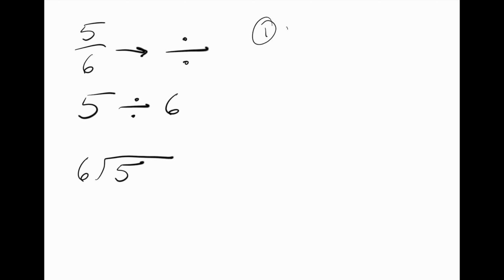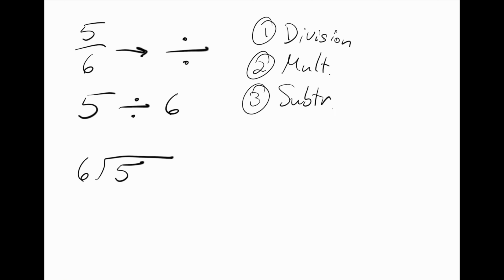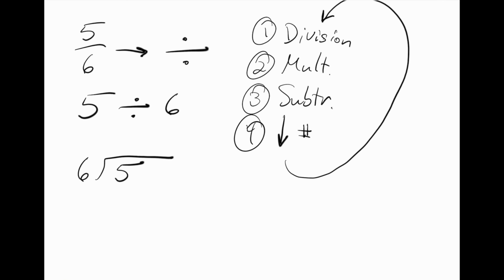Step 1, do the basic first division. Then we multiply. Our third step is to subtract. Our fourth step is to bring the next number down. And then the fifth step is, there's no exact fifth step. We just repeat the whole thing all over again.